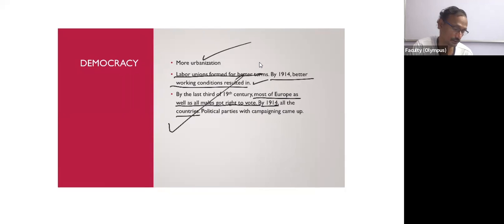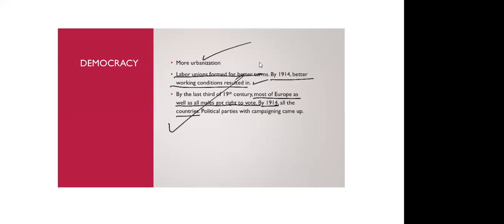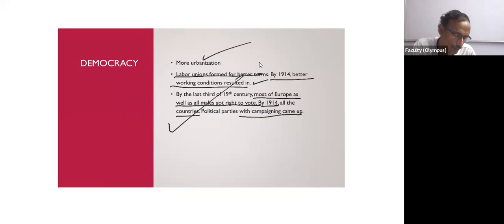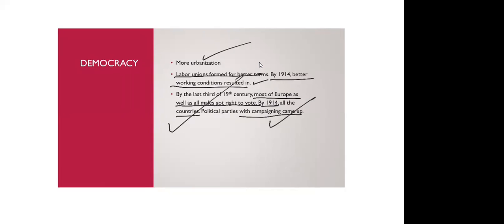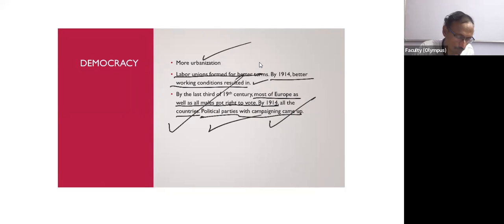Again, not females. And when all the males got the right to vote, which meant illiterate people, ignorant people, the importance of political campaigning increased. And for that purpose, political parties became important.